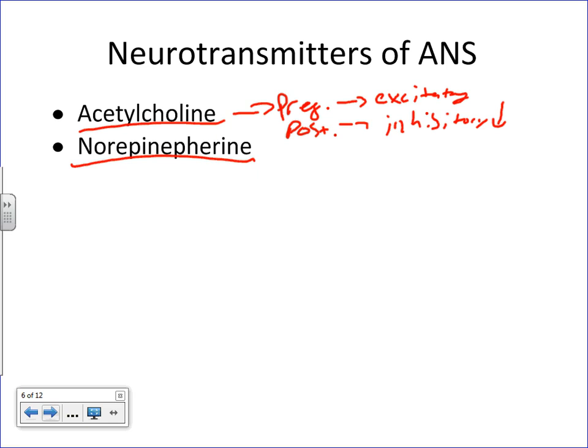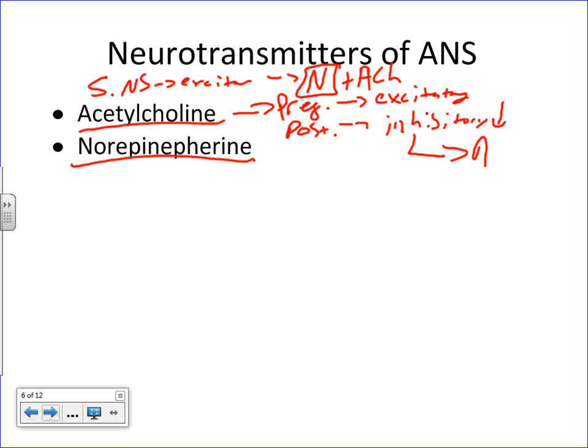And remember acetylcholine with the somatic nervous system, that's always going to be excitatory as well, because remember the nicotinic receptors. These inhibitory actions occur as a result of acetylcholine plus the muscarinic receptors, a different type of receptor.